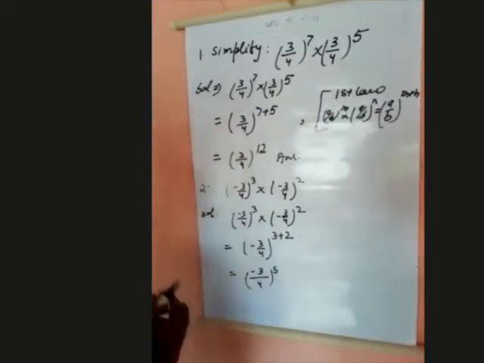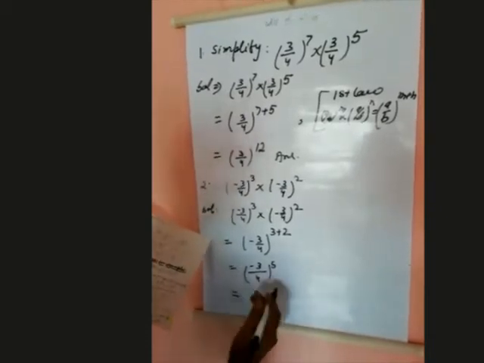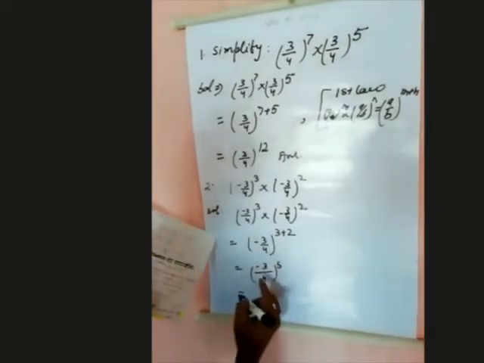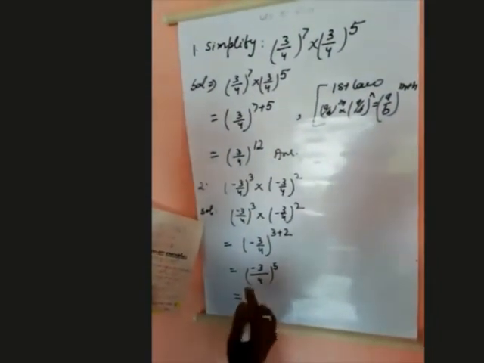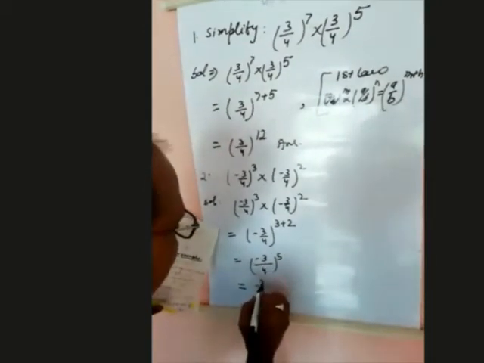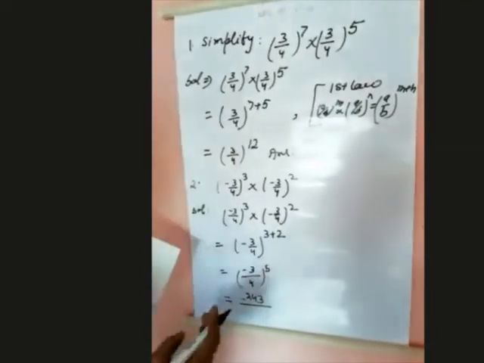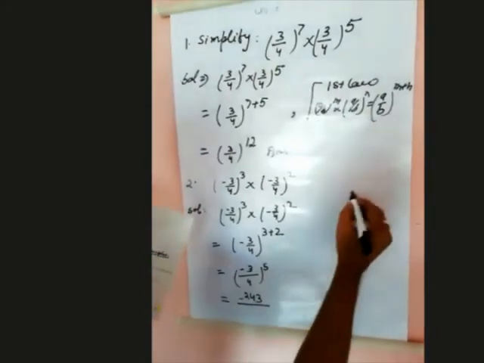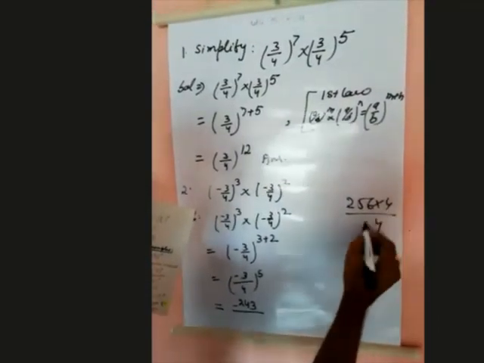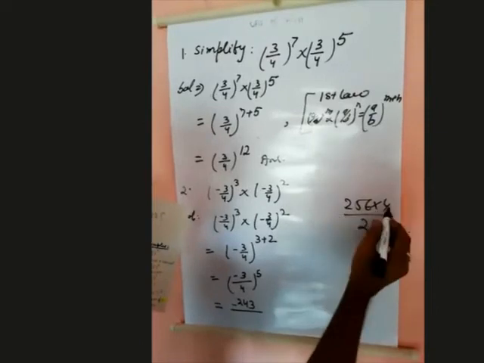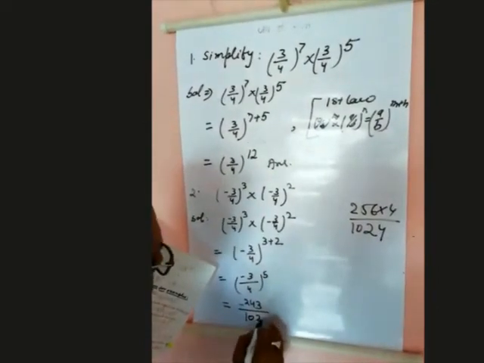Now we have to write it as a rational number, so we can find it as 3 threes are 9, 243, so minus 243 upon 1024.